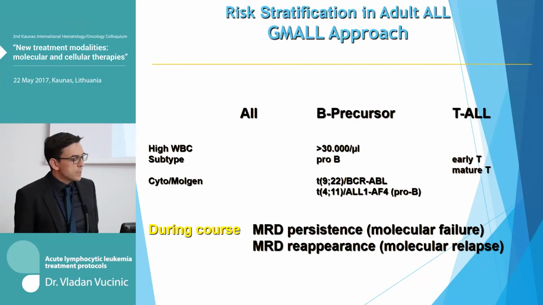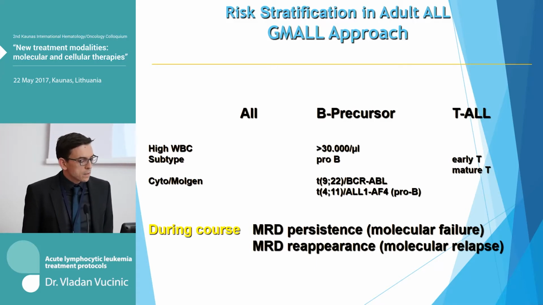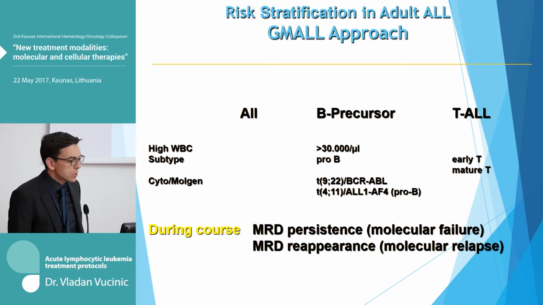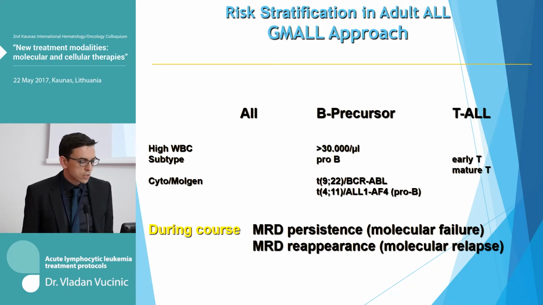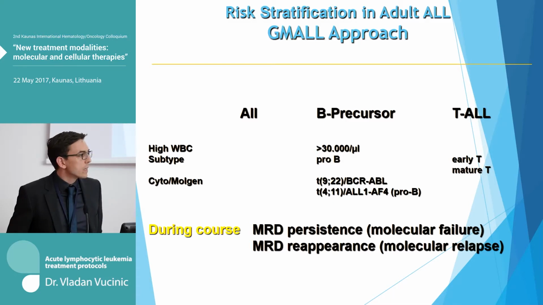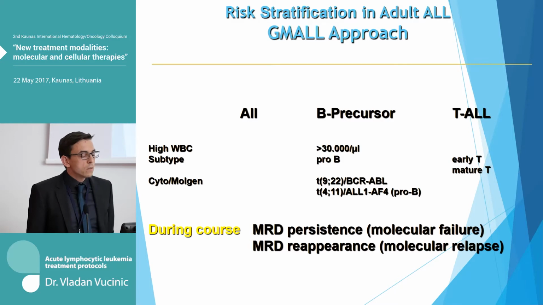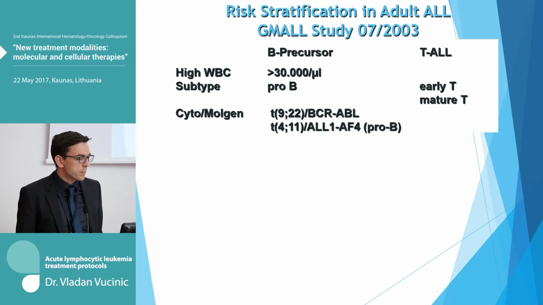In case of B precursor ALL, the risk factors are hyperleukocytosis and cytogenetic malformations like translocation 9;22 or translocation 4;11. In case of T-ALL, it is early T-ALL or mature T-ALL. And we also have, during the course, the persistence or reappearance of MRD.